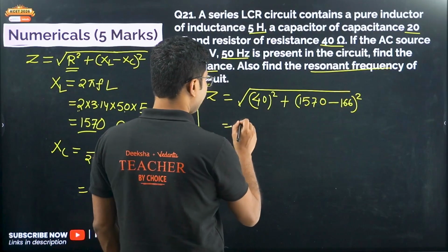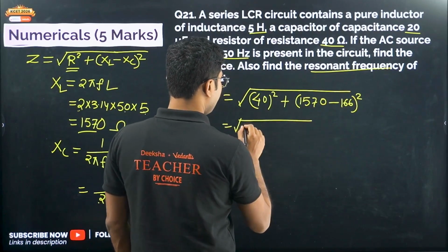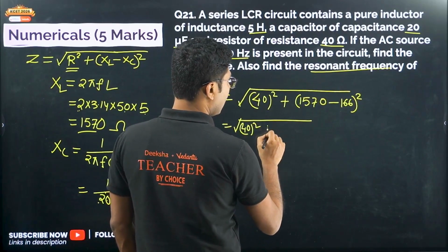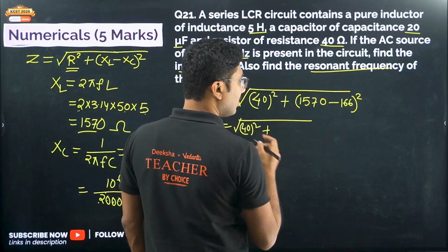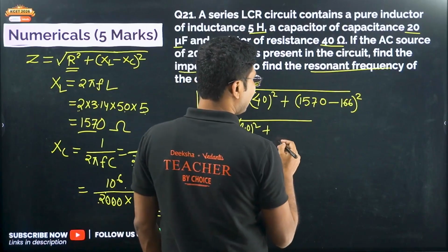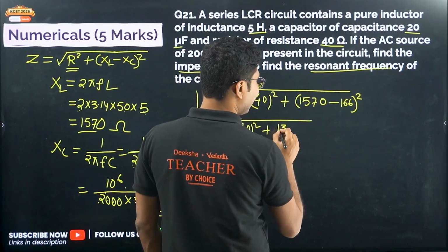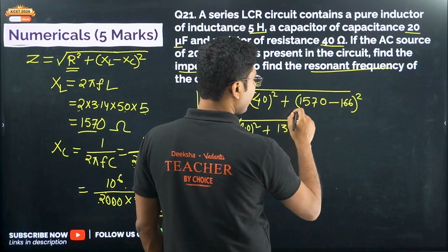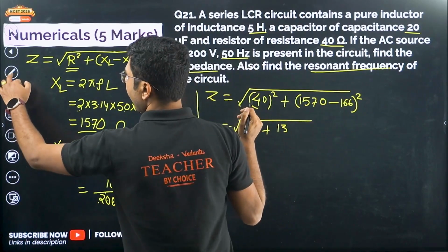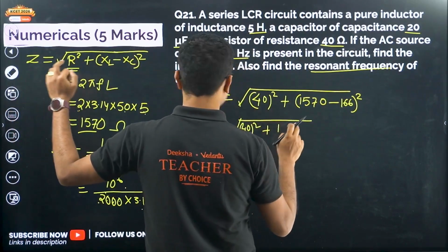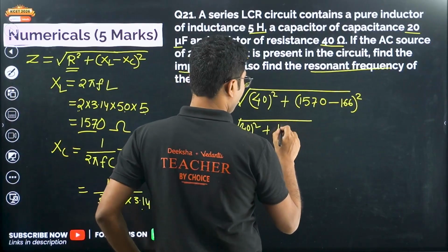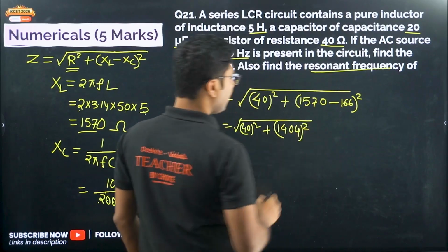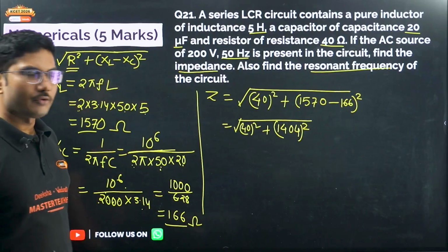Okay, now let's calculate. So this will be 40 square plus 1404, whole square.